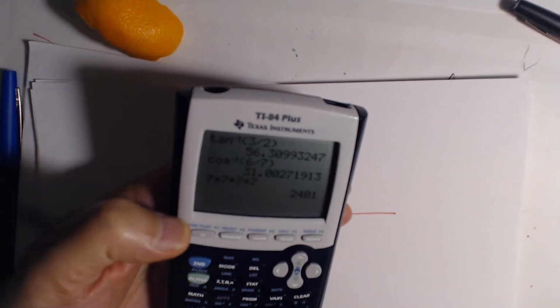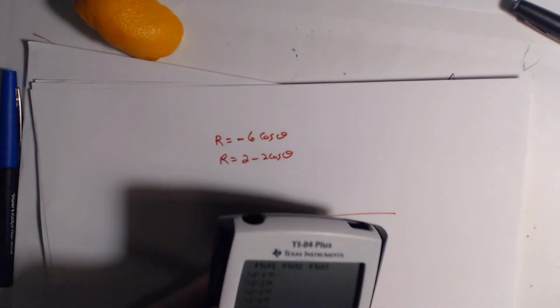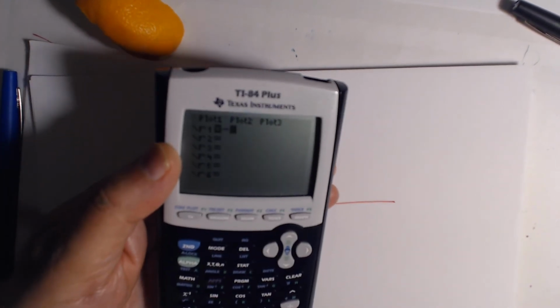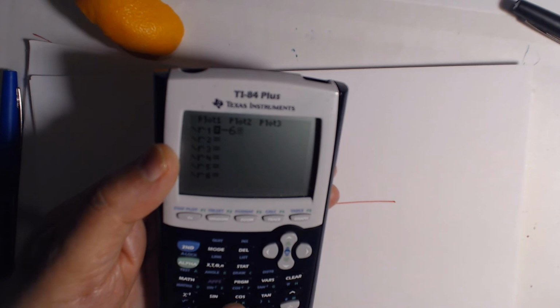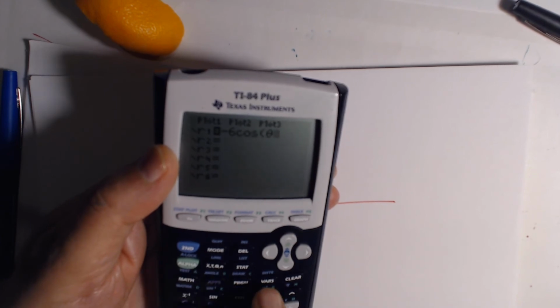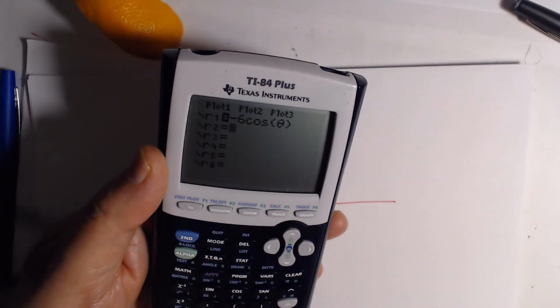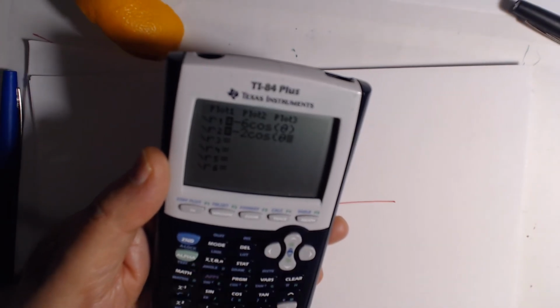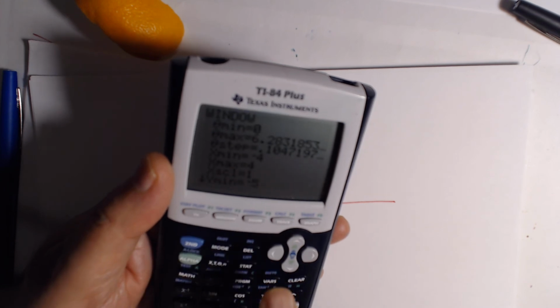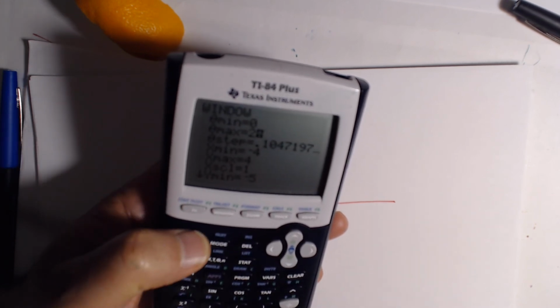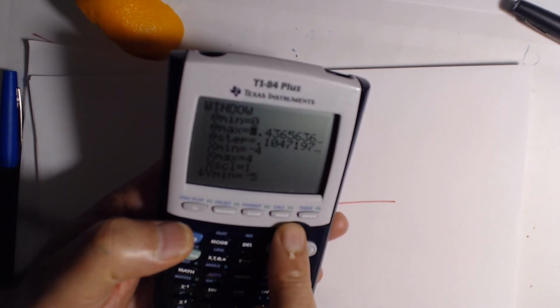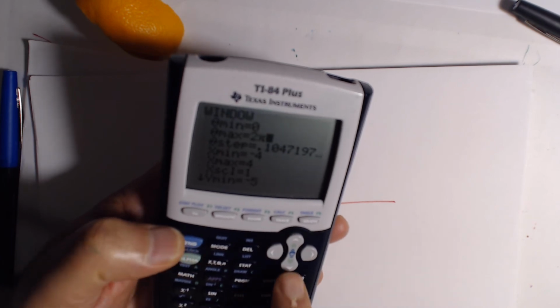Then I'm going to graph based on here. This one is negative 6 cosine theta, and I have 2 minus 2 cosine theta. I do need 360 degrees. That should be 2 pi.